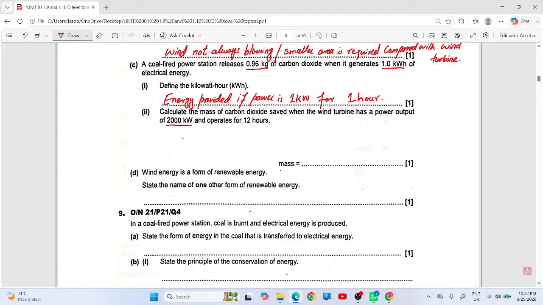Calculate the mass of carbon dioxide saved when the wind turbine has a power output of 2000 kilowatt, and operates for 12 hours. देखें, 1 kilowatt hour releases 0.96 kg of carbon dioxide.